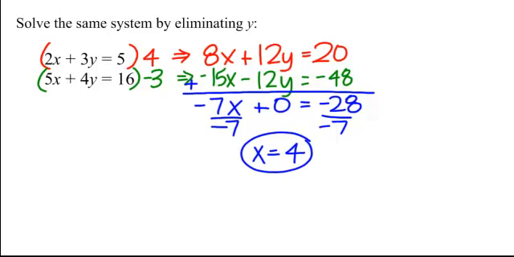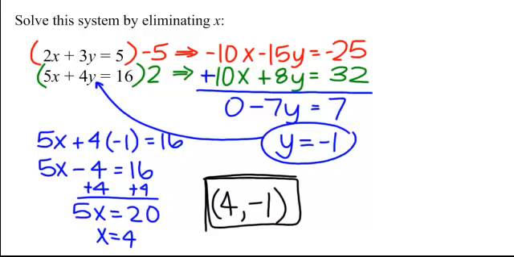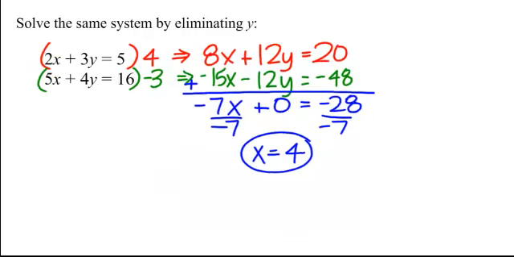And if you notice, on this one back here, we found the y value first because we eliminated the x's. Here we found the x value first because we eliminated the y's. But we still have to find our other value. So take this and plug it in. Remember, it doesn't matter which one you plug it into.